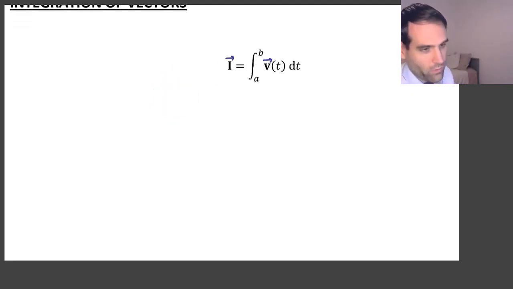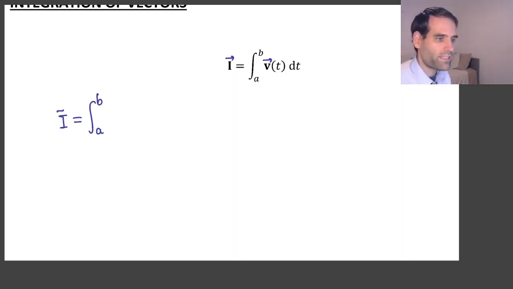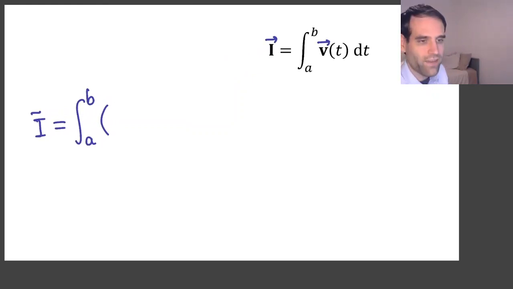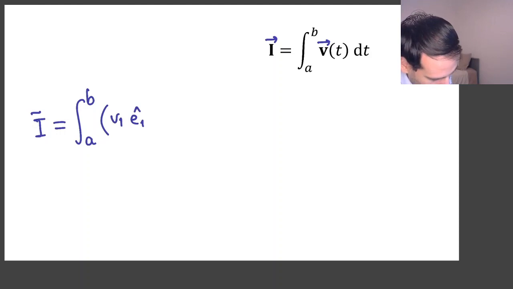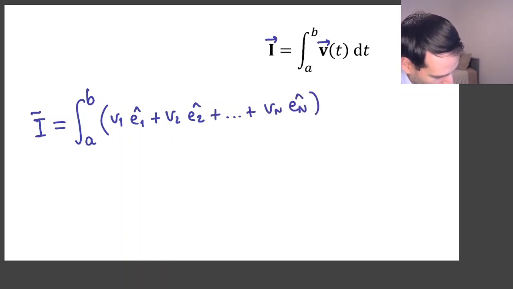So the way you can do it is I is equal to the integral from a to b of the vector. And the vector, you can expand it in a certain basis. So in general, any vector v can be written as v1 times e1 hat plus v2 times e2 hat plus dot dot dot vn times en hat dt.